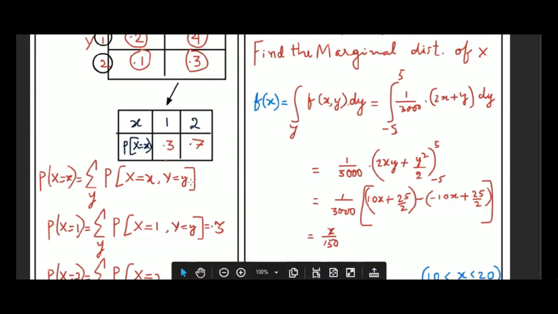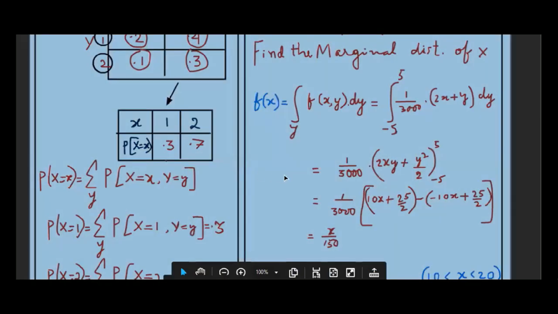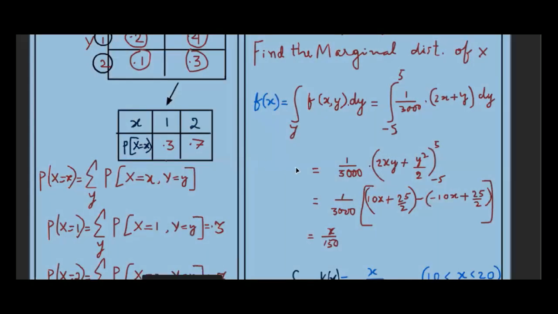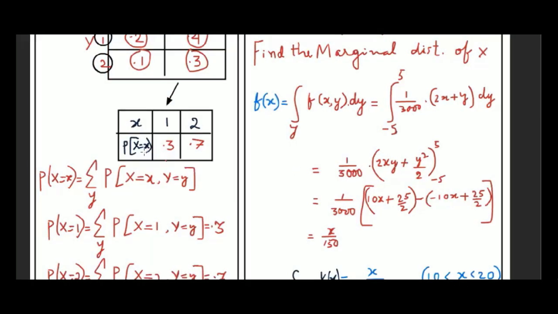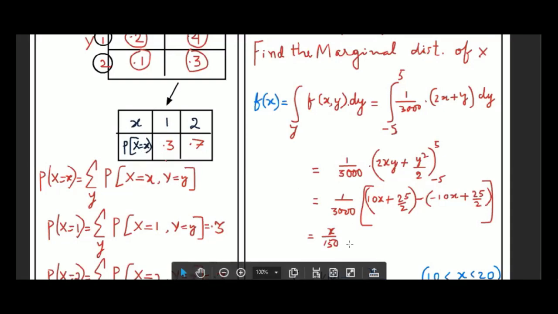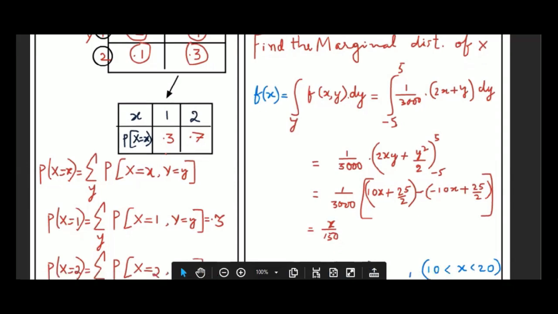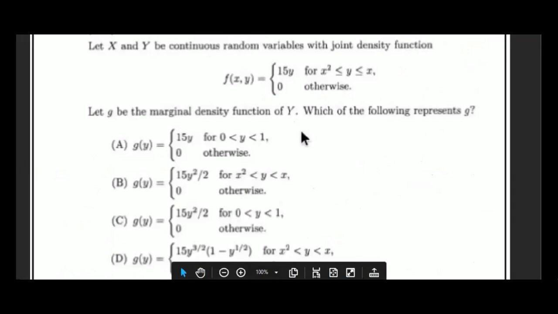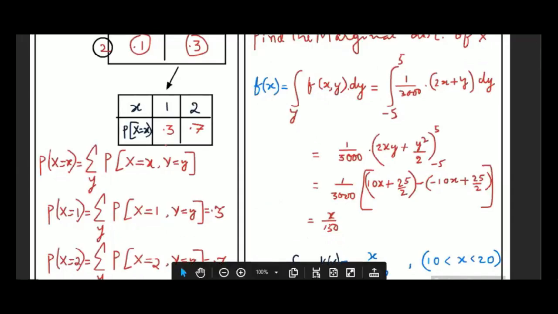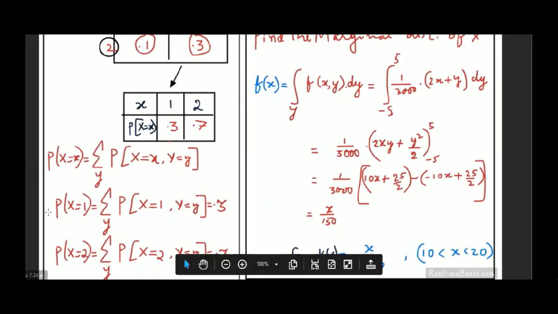If you compare this side and this side, the left hand side is the discrete one and the right hand side is the continuous one, right? Here, pointwise, you get probability x1, probability x2, individually. On the right hand side, we have fx.